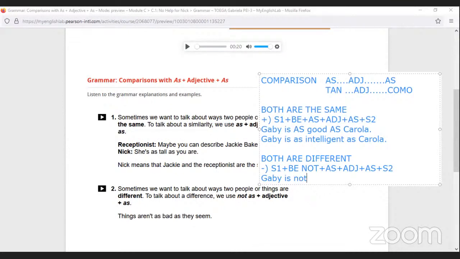Gabby is not as, I could say, for example, with happy, Gabby is not as happy as Carol. So in this case, I am using negative, is not as happy as. So I mean that both are different. In this case, Carola is happy and Gabby is not. When I use Gabby is not as happy as Carol, both are different.